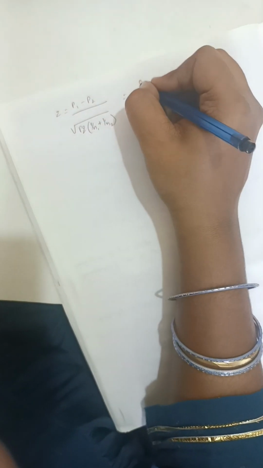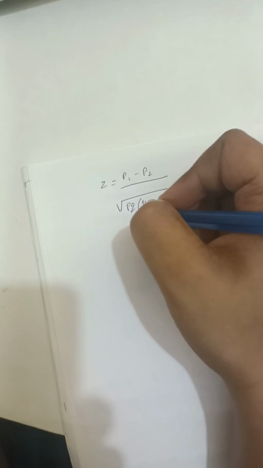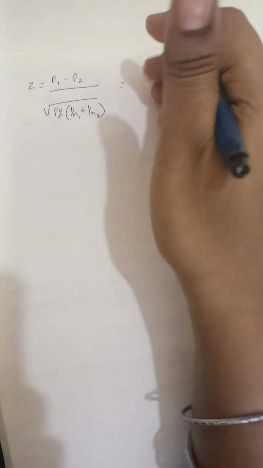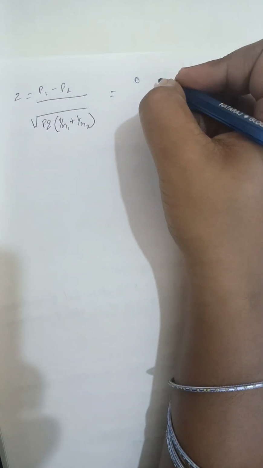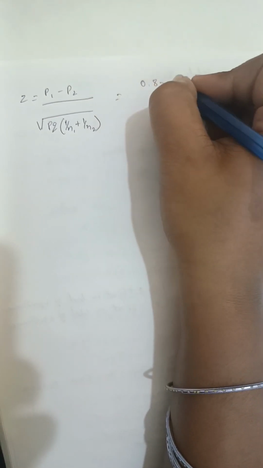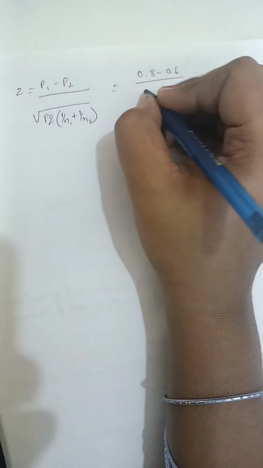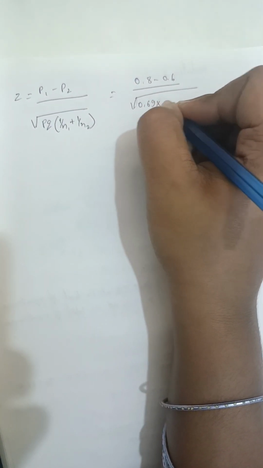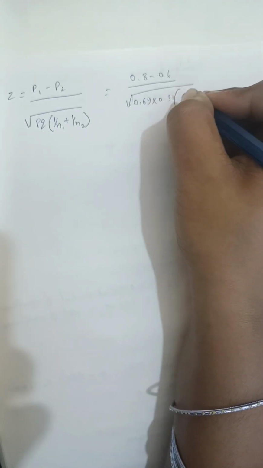Substitute the values of P1, P2, P, Q, N1 and N2: 0.8 minus 0.6 divided by square root of 0.69 into 0.31 into 1 by 500 plus 1 by 600.